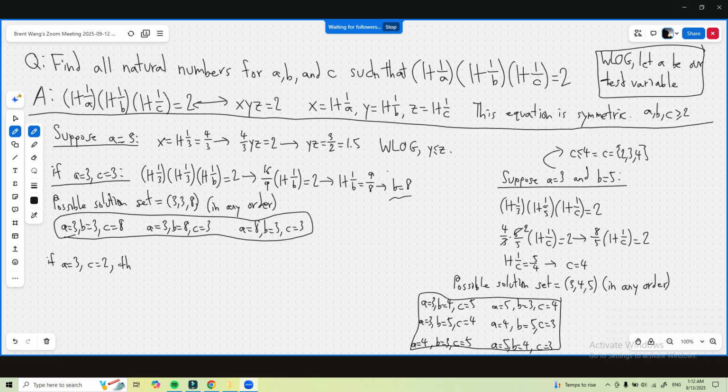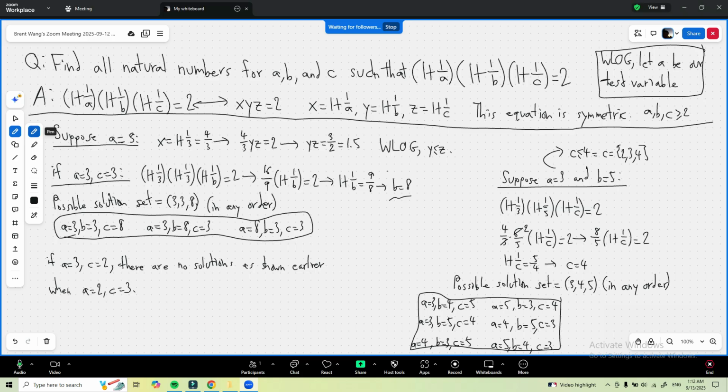There are no solutions, as shown earlier, when A equals 2 and C was to equal 3. So these are the only 9 solutions when A is equal to 3.